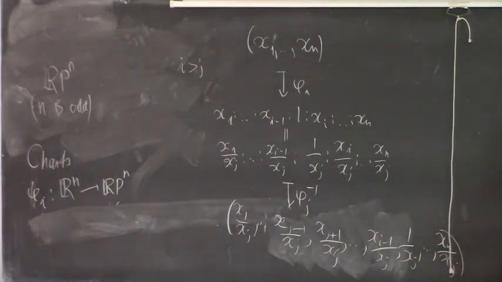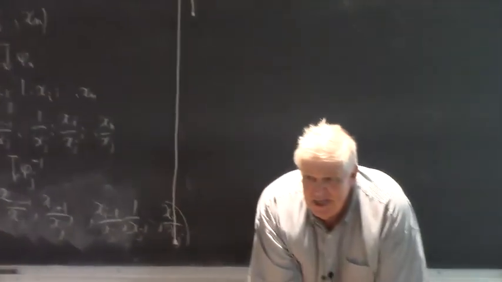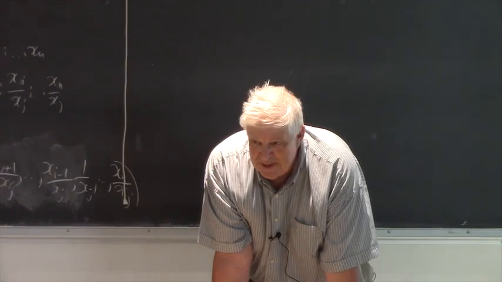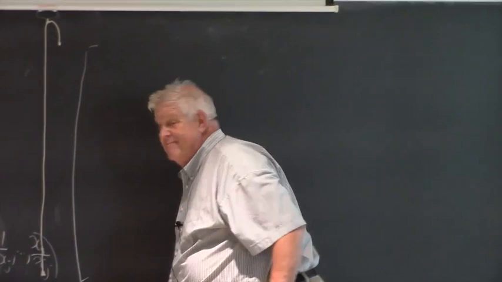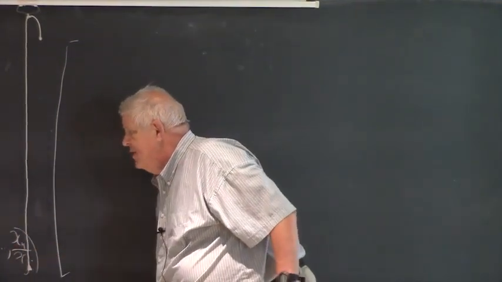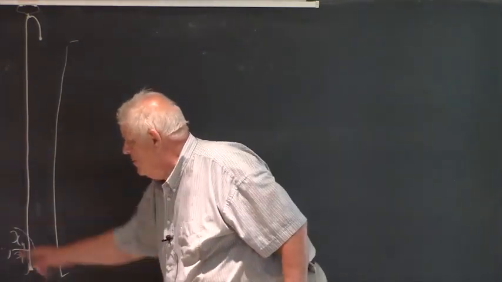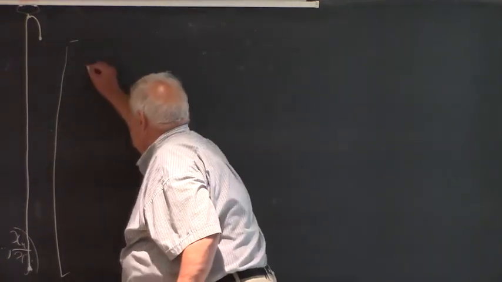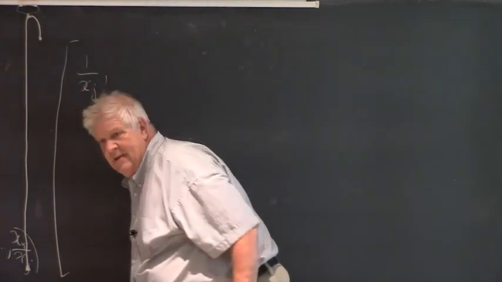Now, let me apply my limited skill in calculus and try to write the Jacobian matrix for that. What's the Jacobian matrix? I take this and take derivatives over x1, x2, and so on. When I take the derivative with respect to x1, I get this and zeros.